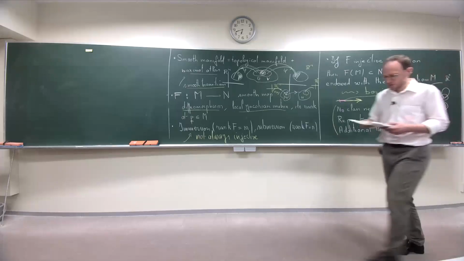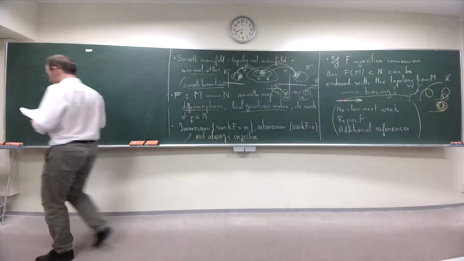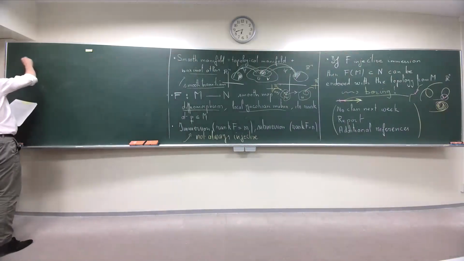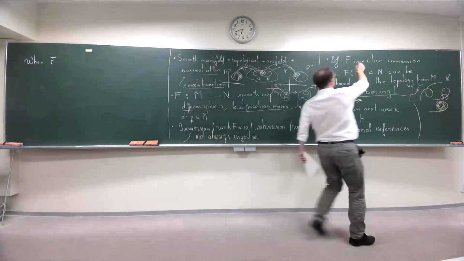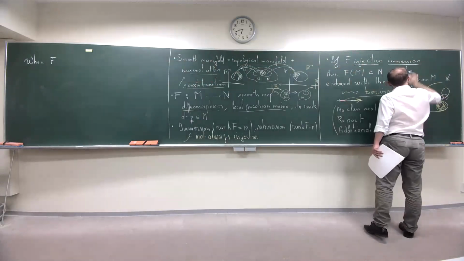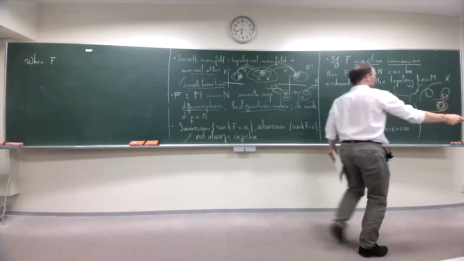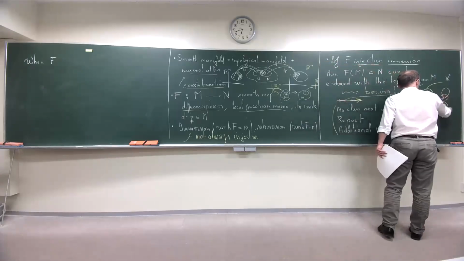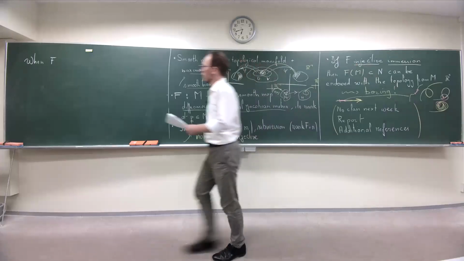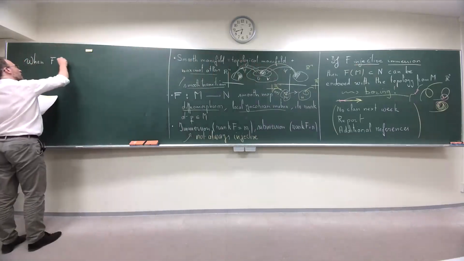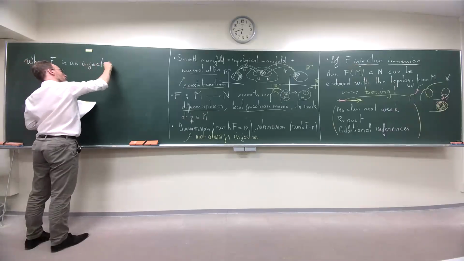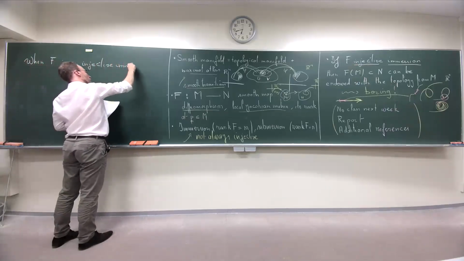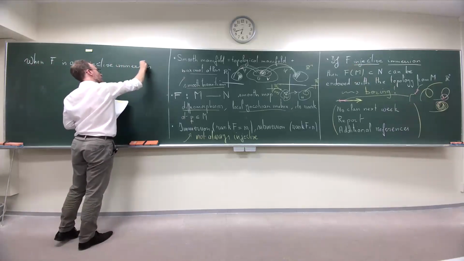So there is a notion for this, but first let me make a remark. So I just continue with this setting: F is an injective immersion, so a picture like this one or these two pictures. So when F is an injective immersion, we just represent it in a different space.